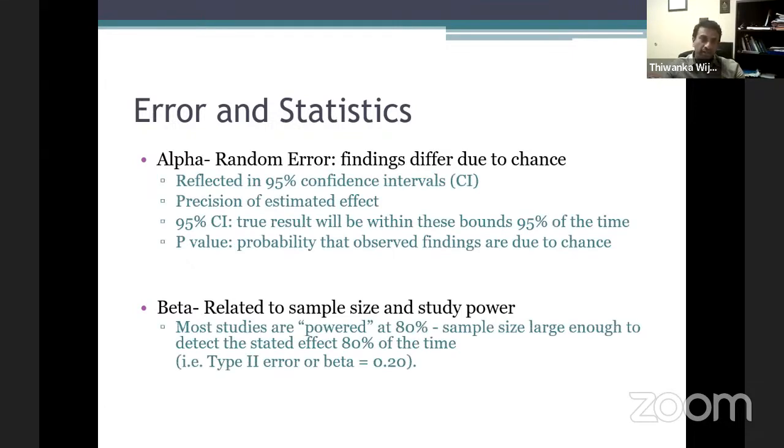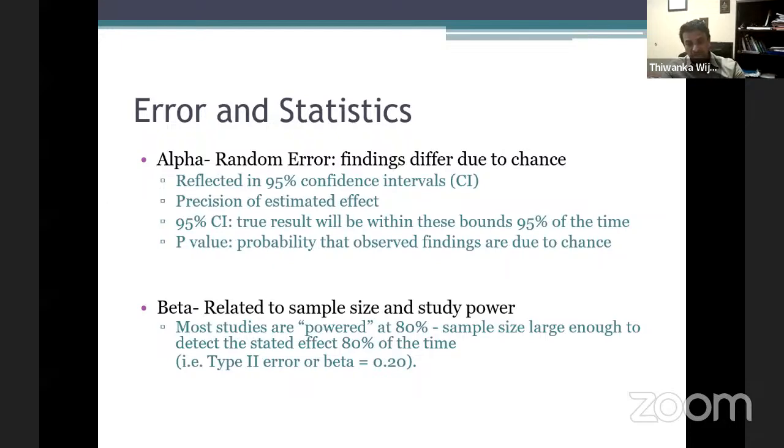So conventionally, if you're critiquing a paper, your alpha is set at 5%. What that means is there's a 5% chance of the observed results being due to chance. And this is how the 95% confidence interval comes as well. What that means is, from the observed difference that we have, for example, if you are looking at the differences in death rates between two groups, we might say the ratio is 1.4, and I have a confidence interval of 1.1 to 1.7.